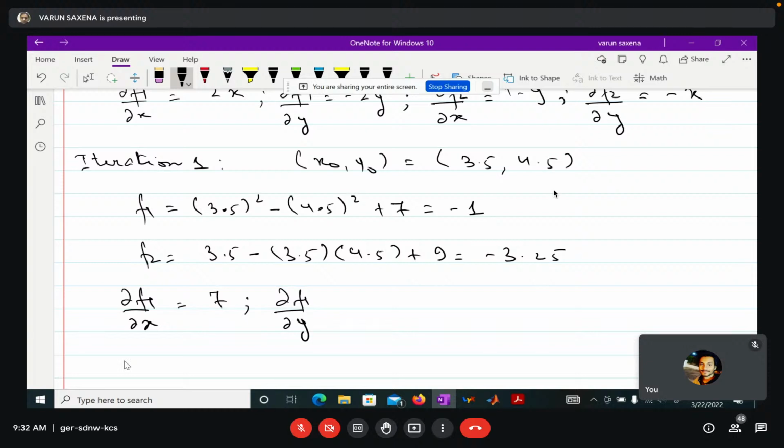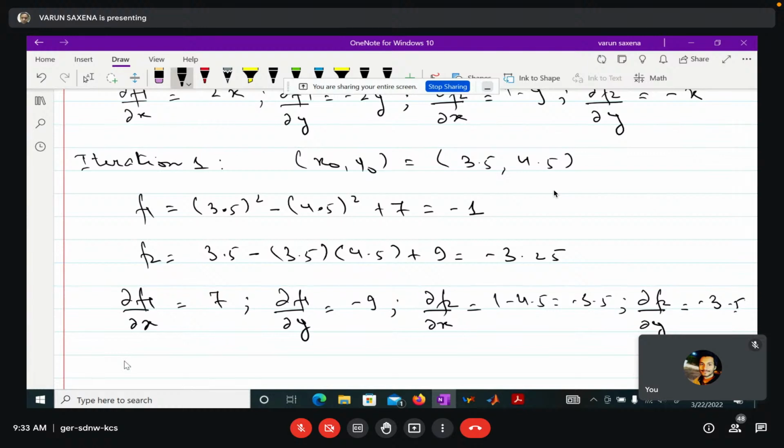Del f1 over del y is y, which is going to be minus 9. Del f2 over del x is 1 minus y, which is 1 minus 4.5, so this is minus 3.5. And del f2 over del y is minus x, which is minus 3.